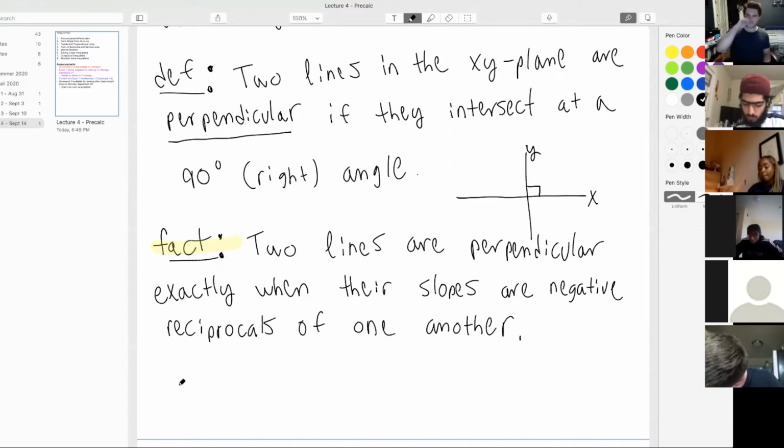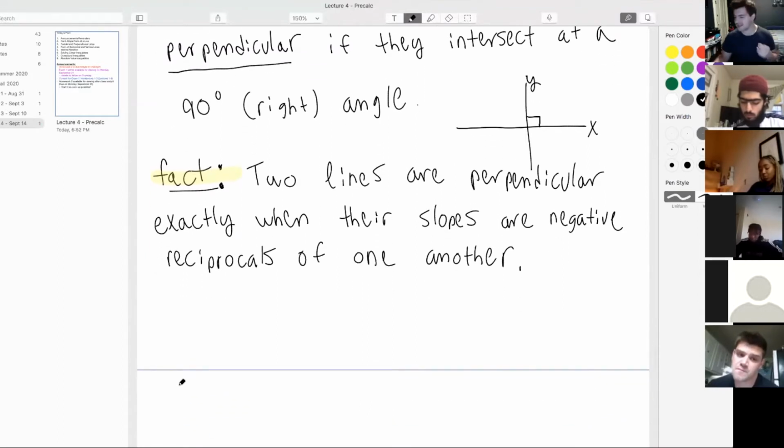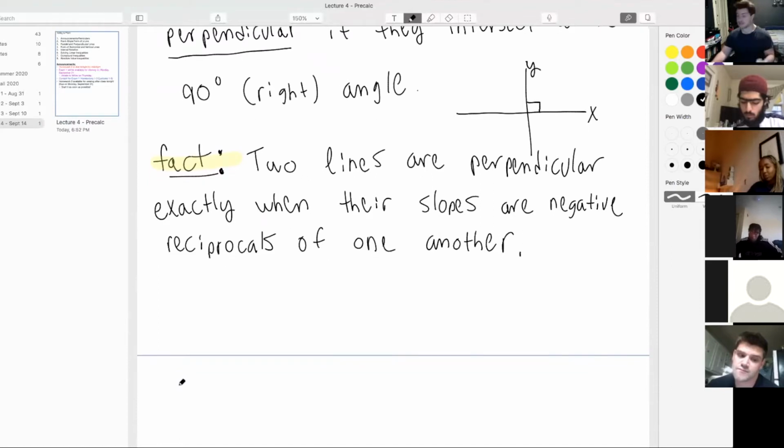So we have another characterization for when two lines are perpendicular, and that's when their slopes are negative reciprocals of one another. We're going to be using this a lot, so let me quickly refresh everyone's memory as to what a negative reciprocal is.